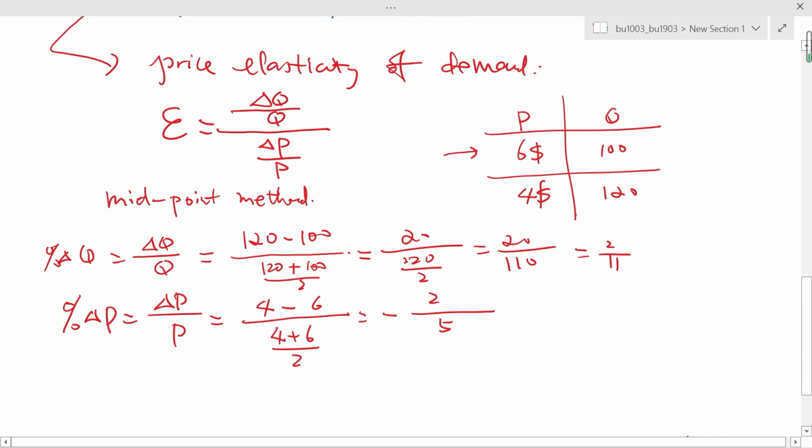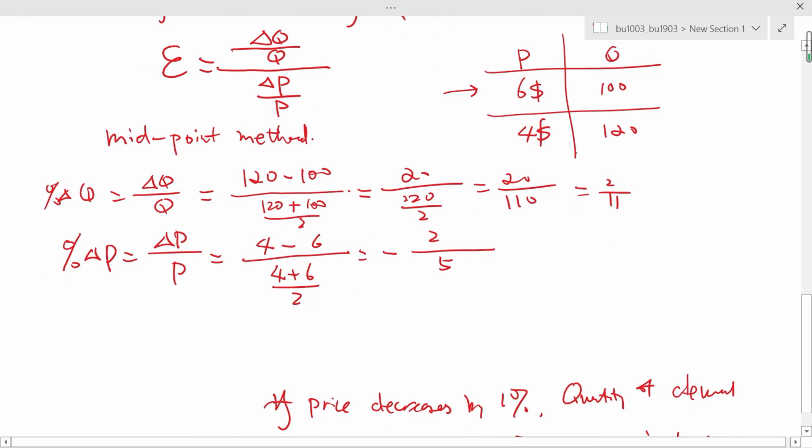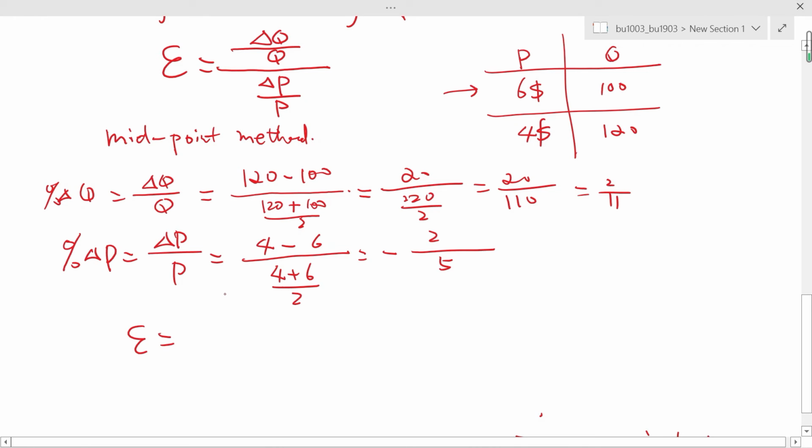So now, using this midpoint method, we can calculate the price elasticity of demand to be 2 over 11 divided by 2 over 5.